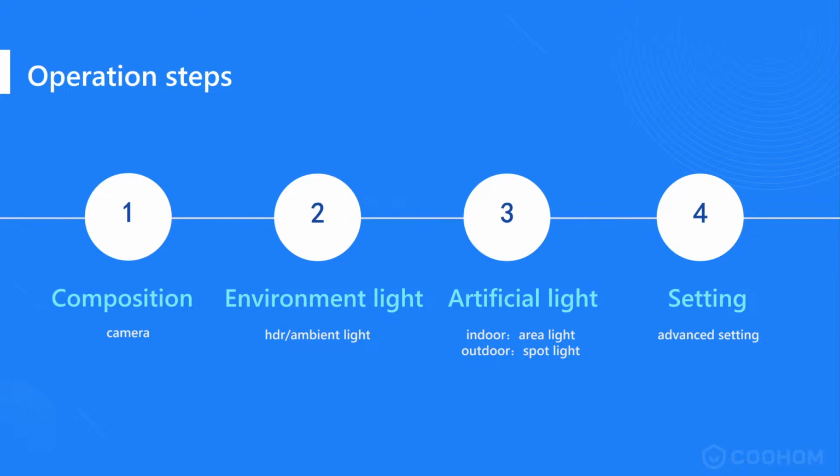As I mentioned, we need to create different perspective by one vantage point or two vantage point or three vantage point, which different type represent different feeling of the building. So that's step 1. You need to make the composition of the camera first, and second, we need to set the environment light.